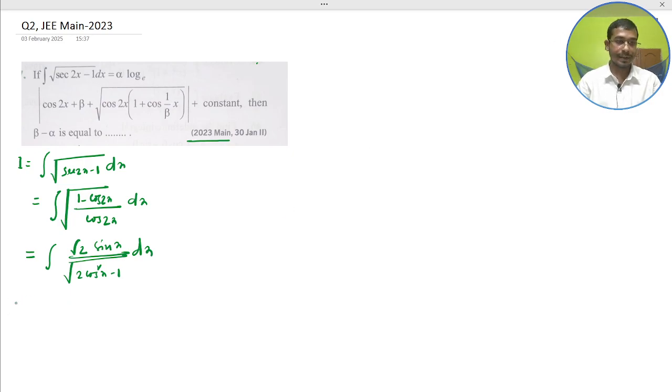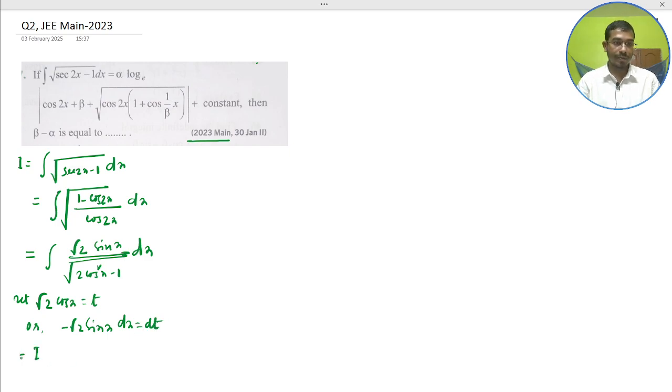So now let us put root 2 cos x equal to t. This is basically the special form of integration we have discussed in the theory class. Differentiating both sides, minus root 2 sin x dx equals dt.